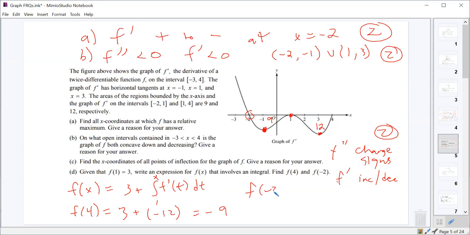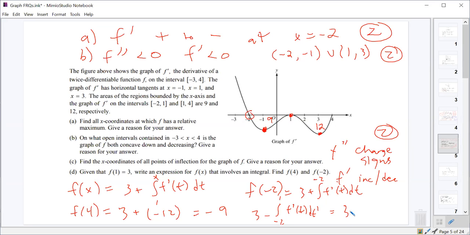And f of -2 ought to be 3 plus the integral from 1 to -2 of f prime. And that should be 3 minus the integral from -2 to 1 of f prime. And let's see here, from -2 to 1, that integral is 9 units.